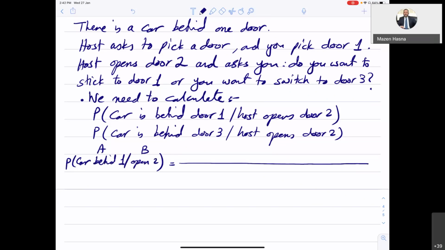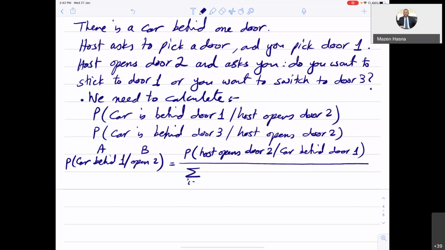This will be the probability of the opposite, host opens door 2, given that car is behind door 1, divided by what?